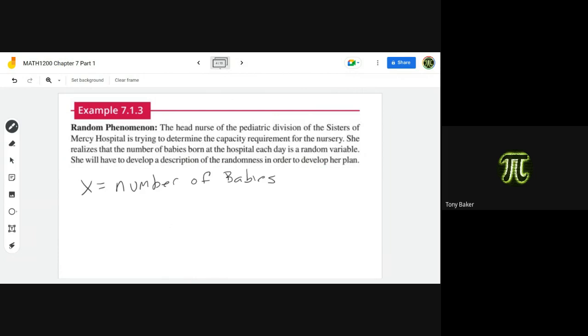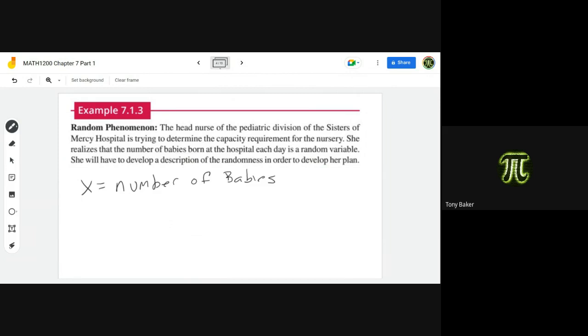Now, the next thing we should be able to state is what the values are that I would come up with. In this case, the values would be basically any whole number.